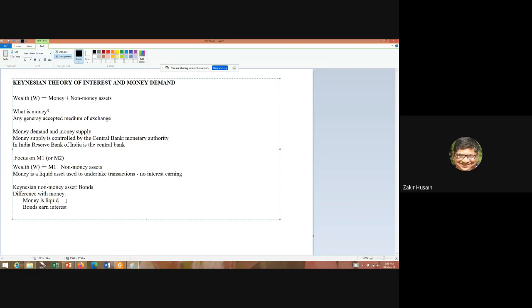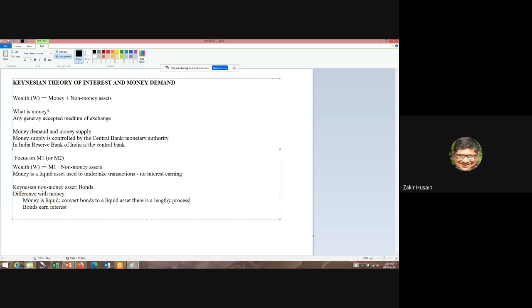If you want to convert bonds to a liquid asset, there's a lengthy process. You have to find someone, you have to find a buyer, then you have to sell the thing to him. You can't sell it to him directly.